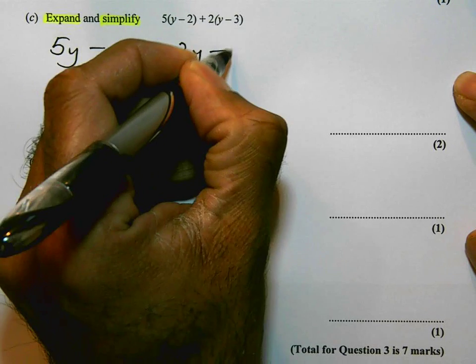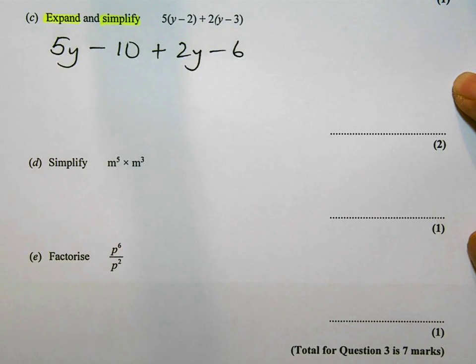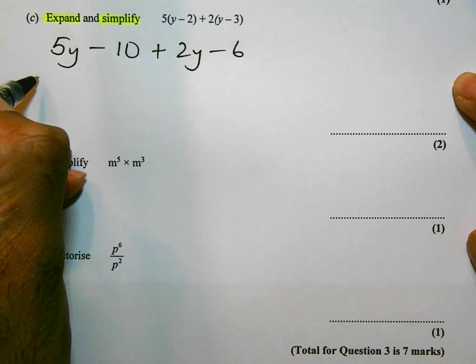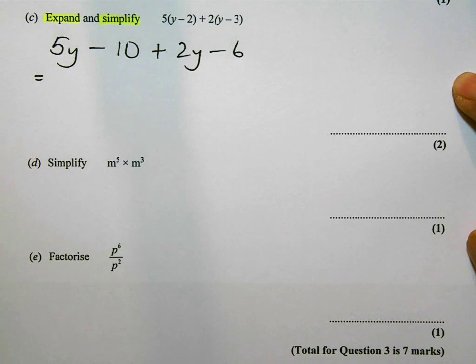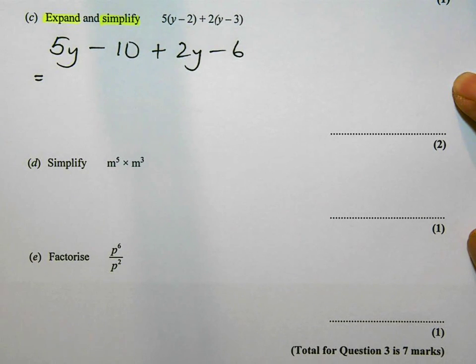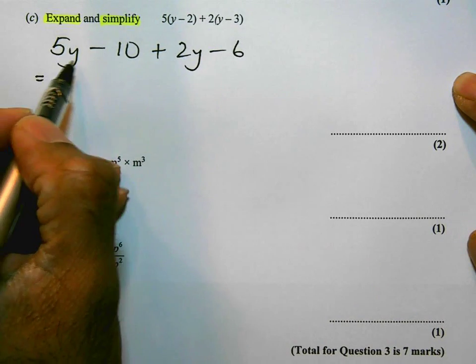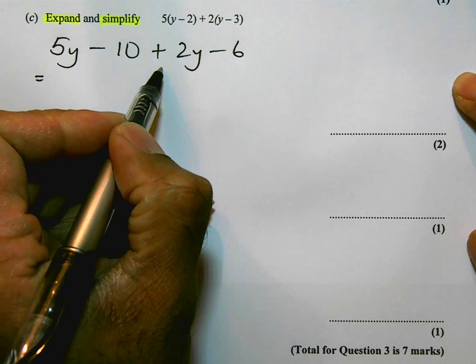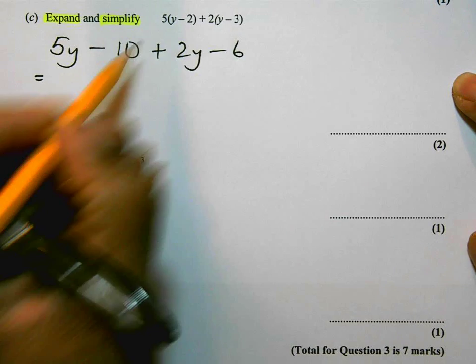So I've expanded there, and that is correct, and you will get 1 mark for that as long as you've done the expansion correctly. We then need to simplify, and simplify means to bring together the y's and bring together the numbers that are on their own. So we have 5y and positive 2y. So remember, the signs are what is attached in front of it.